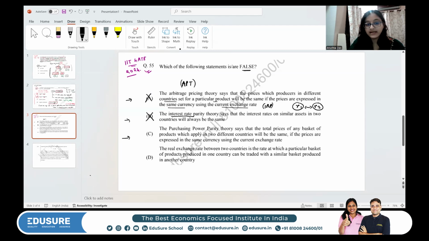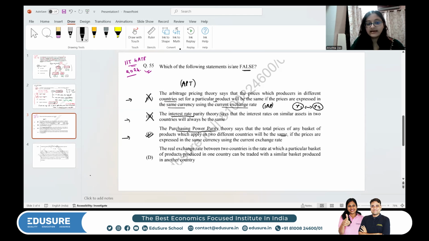Let's see the third option, the purchasing power parity. If this were incorrect, it would be one of the answers to our question. Okay, let's move forward. Option C says the purchasing power parity theory says that the total prices of any basket of products in two different countries will be the same if the prices are expressed in the same currency using the current exchange rate. So this is basically the correct definition of purchasing power parity.